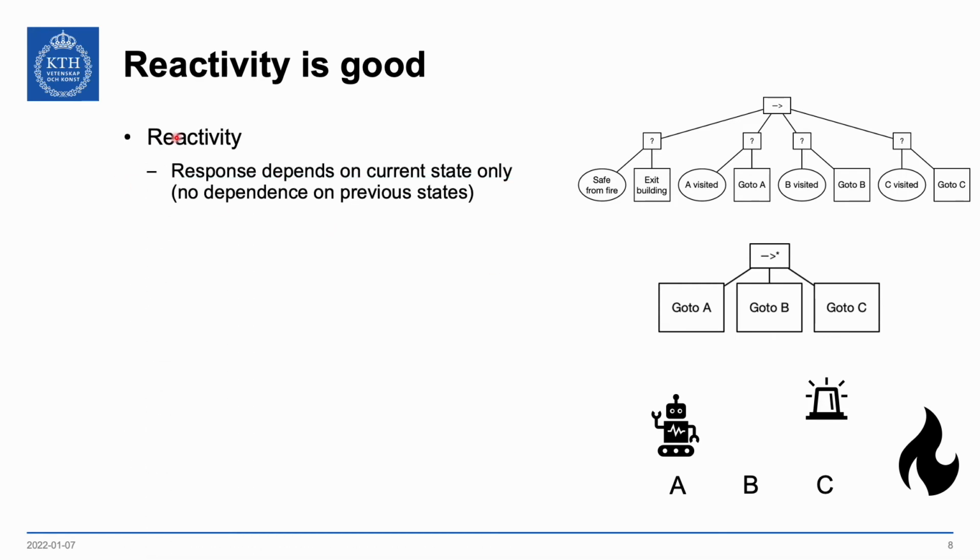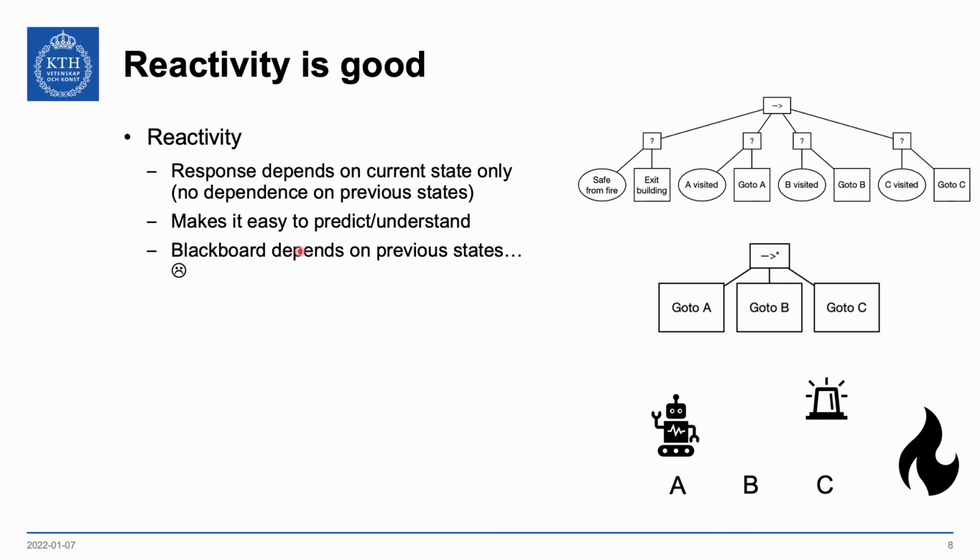Reactivity in an AI is normally described as where the response depends on the current state of the world only, with no dependence on previous states, which is kind of similar to the Markov property. Reactivity is good in an AI since it makes it easy to predict and understand its actions. It only depends on what the current world looks like, and not on the complete history of the world.